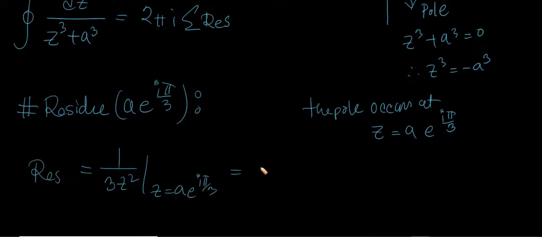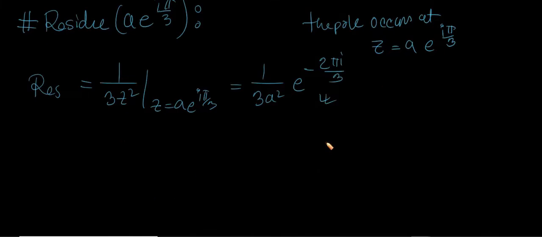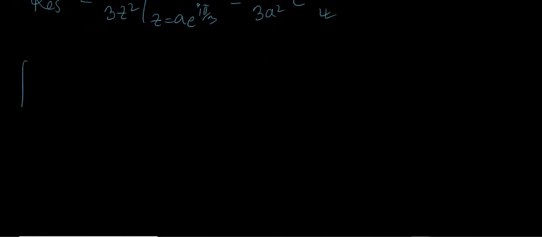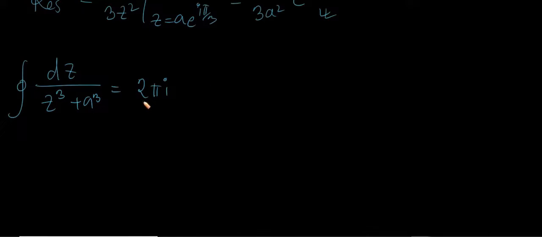If you do that, this will turn out to be simply 1 upon 3a squared e to the power minus 2 pi i by 3. This is our residue, right? So we have this, the integral of dz by z cube plus a cube, as 2 pi i divided by 3 a squared e to the power minus 2 pi i by 3.